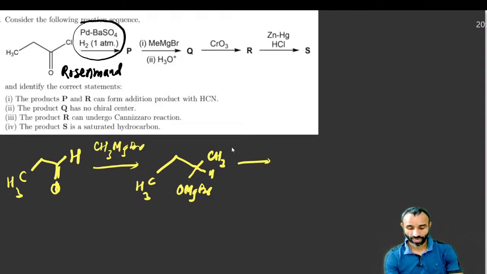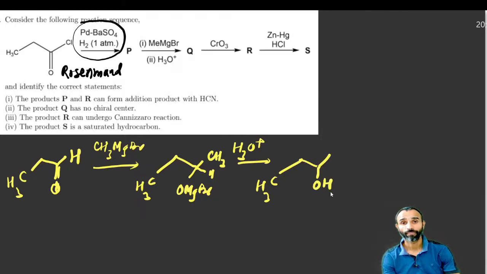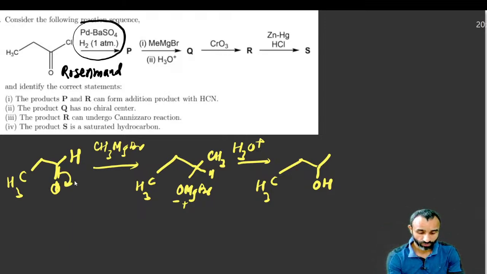Then on hydrolysis, we get this product. Mg positive, O negative, because when pi electron shift here, methyl is negative and MgBr positive.